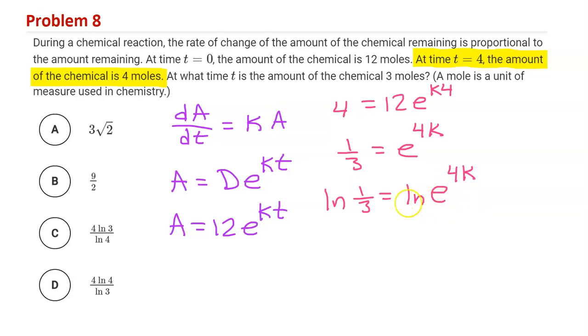Natural log and base e are inverse functions which cancel each other out. So I end up with natural log of 1/3 equals 4k. Dividing both sides by 4, I get k equals natural log 1/3 divided by 4.